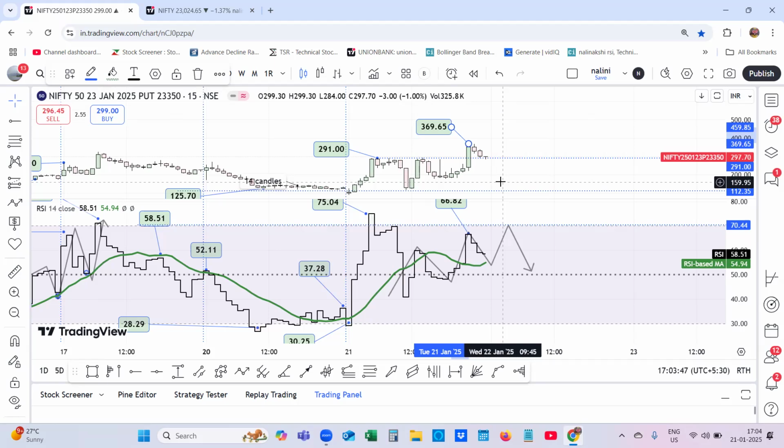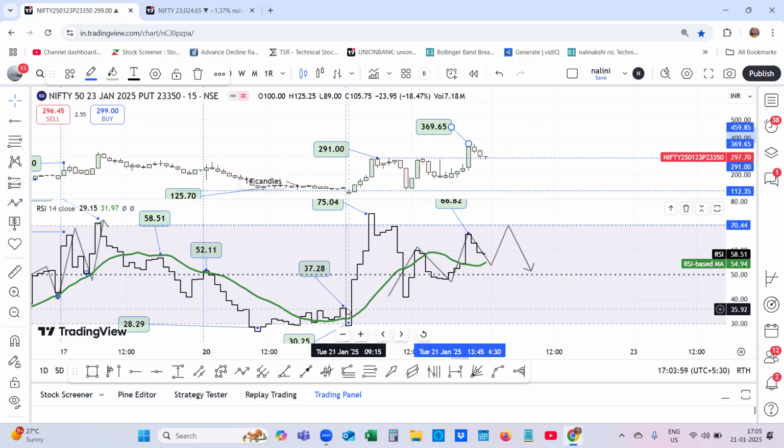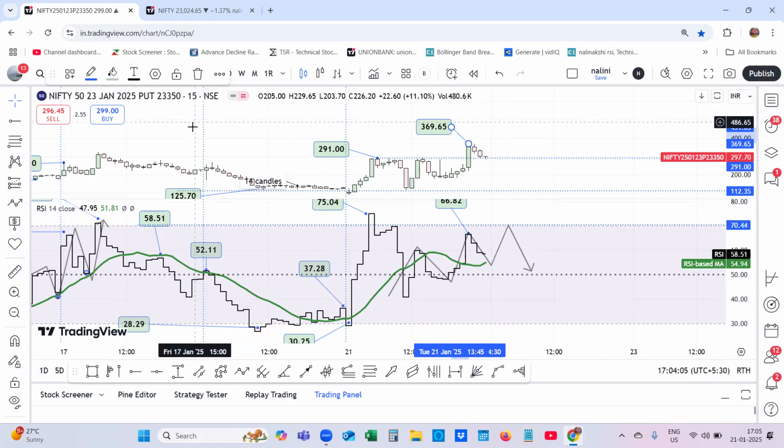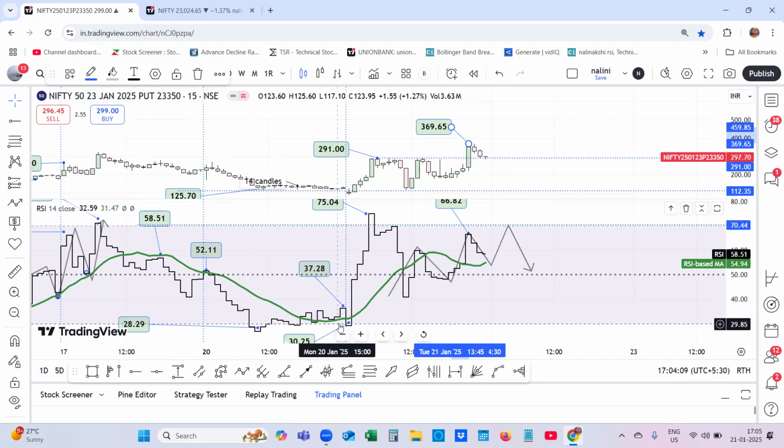Start observing the RSI thoroughly, how it moves, how from an oversold position, whether there is, see, this is an oversold position. It climbed, and this was a trap. Same type of trap which happened in the underlying Nifty on the upside, a trap happened on the downside.